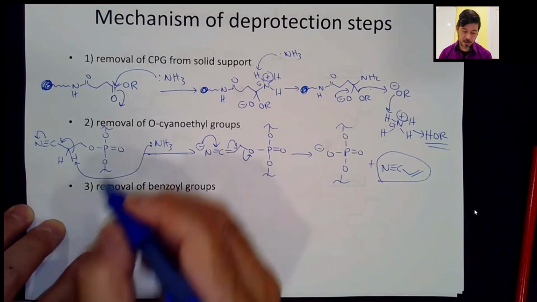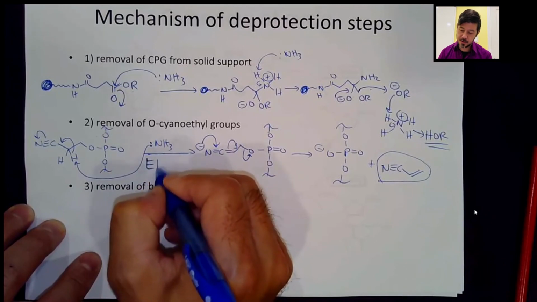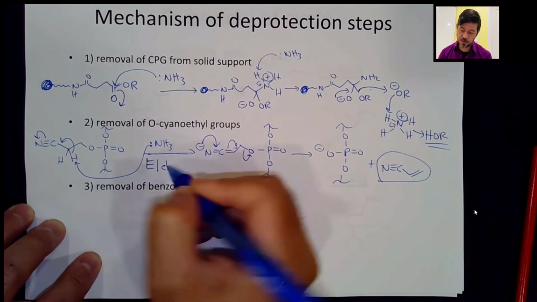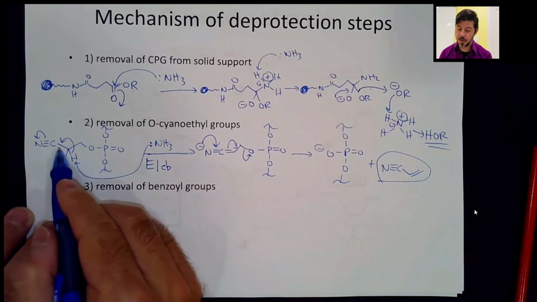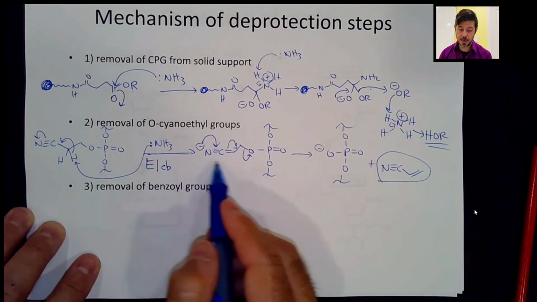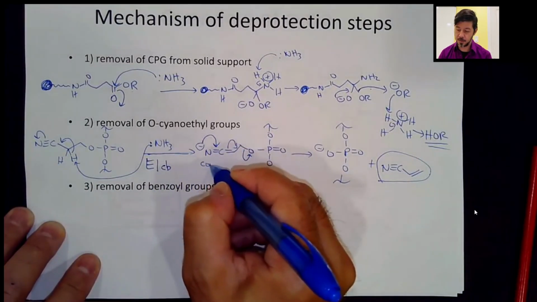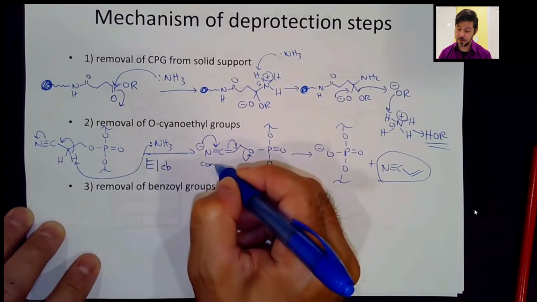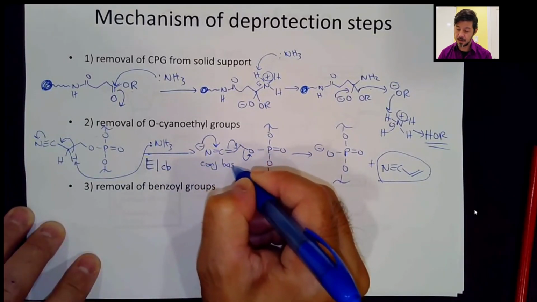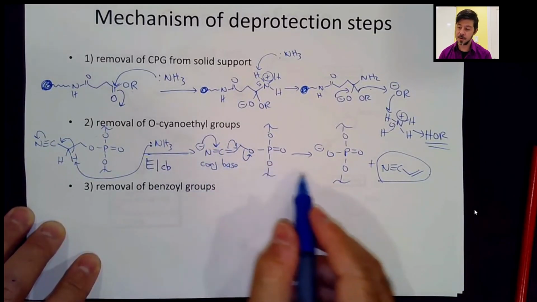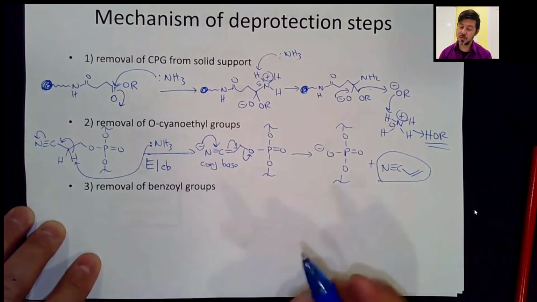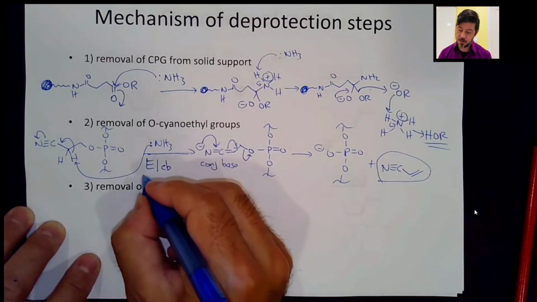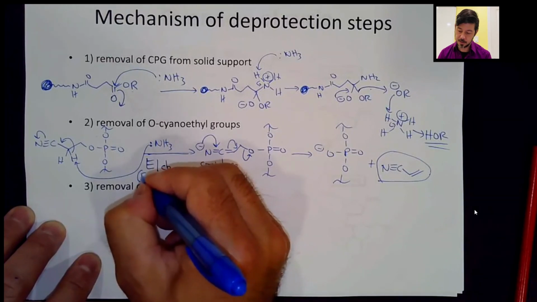This is known as an elimination reaction through the conjugate base. First we generate the conjugate base, which is simply acid-base chemistry, and then the conjugate base moves its electrons to remove that. So it's not an E2 mechanism. It's elimination via conjugate base.